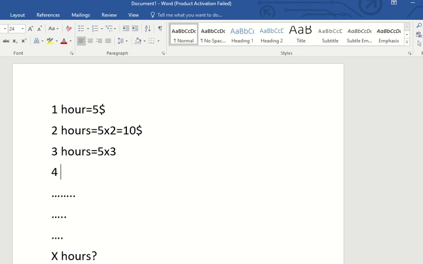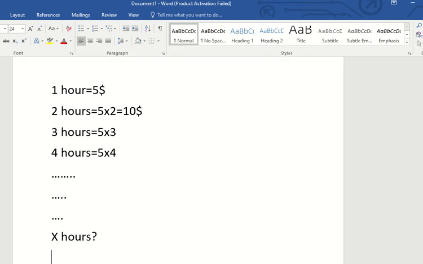For 4 hours we multiply 5 with 4. Same like that for x hours, we multiply x with 5. So if she's working for x hours in the hotel, she'll get 5x dollars. Okay, this is the first thing.